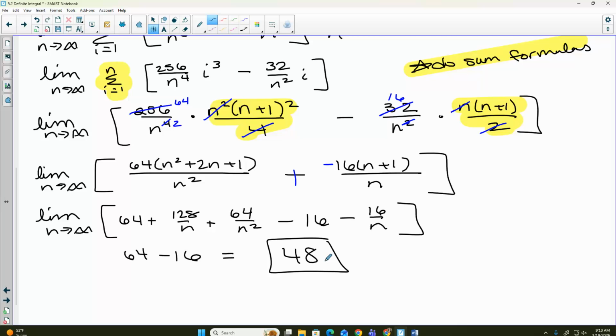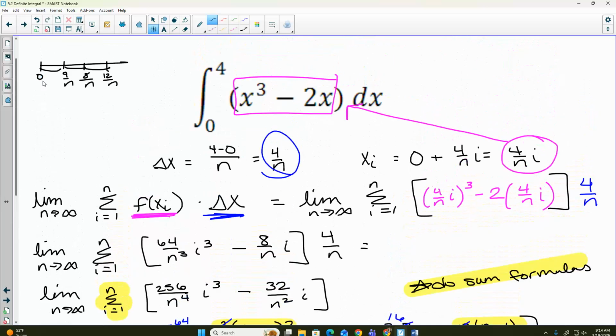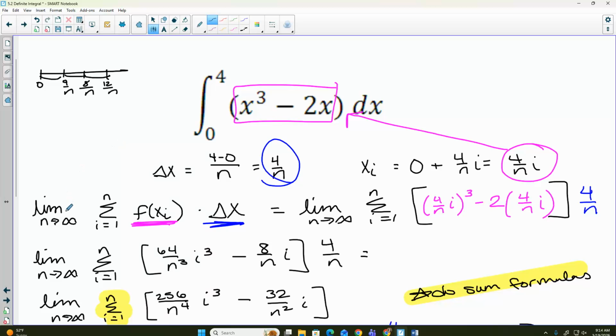All right. A lot of calculation. The calc part of it is at the beginning. Can you take this integral and turn it into this limit of the sum?